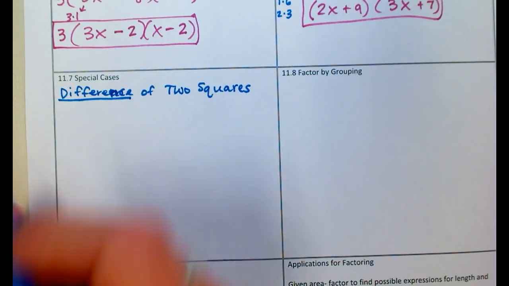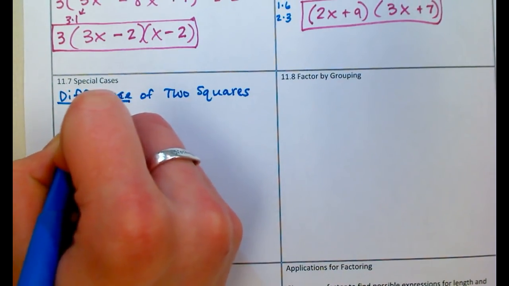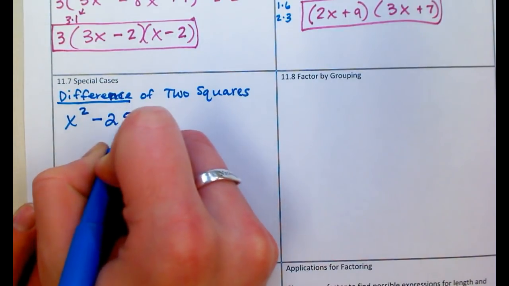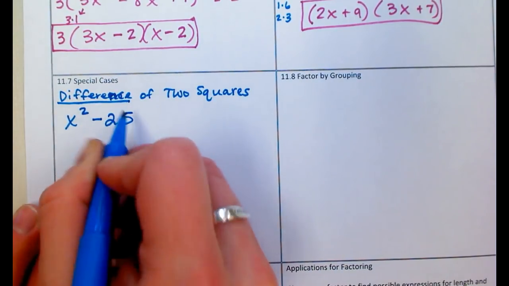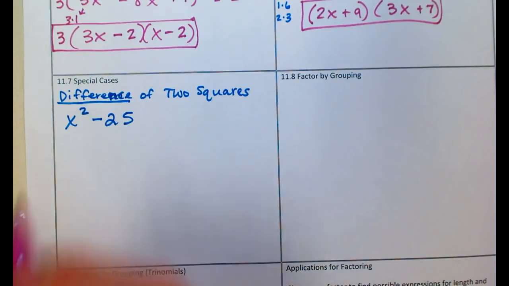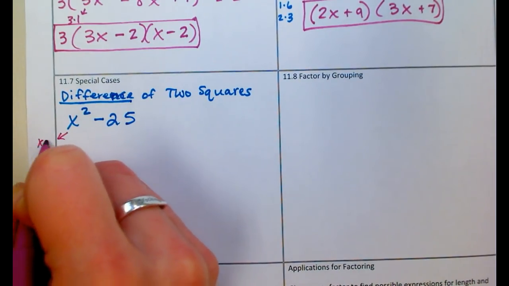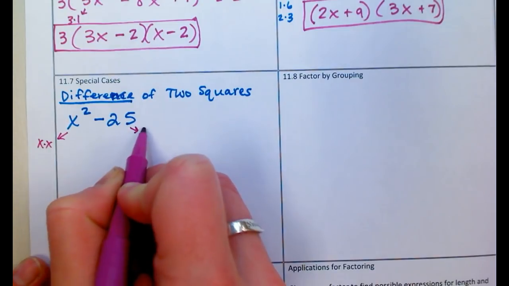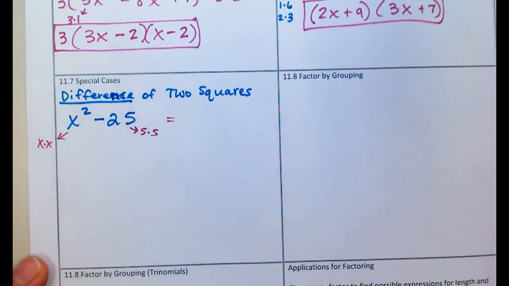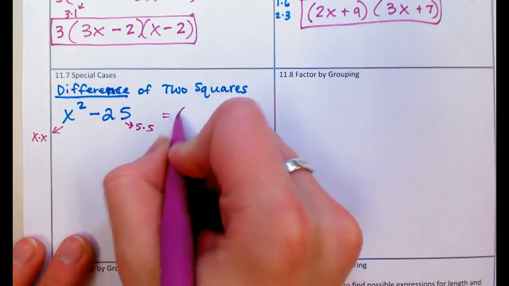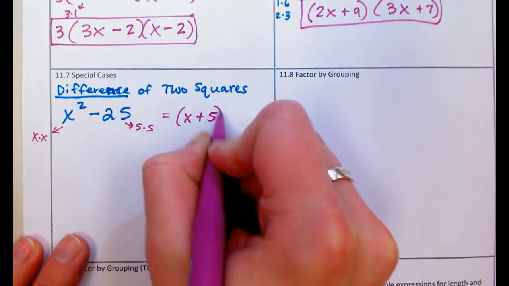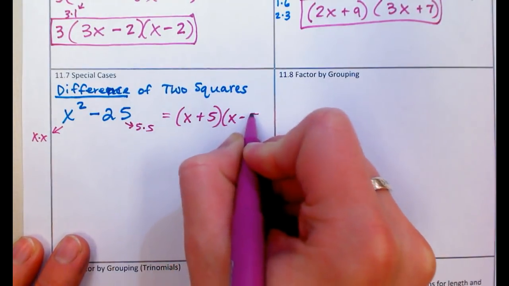So for example, if I had the problem x squared minus 25, both of these are perfect squares. Square root of x squared is x, and of 25 is 5. This factors out then to the conjugates x plus 5 times x minus 5.